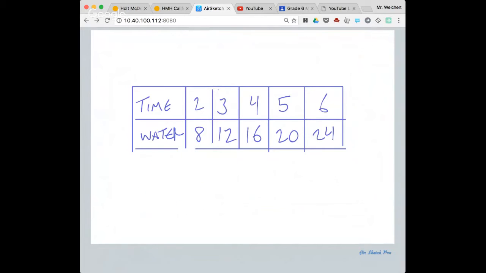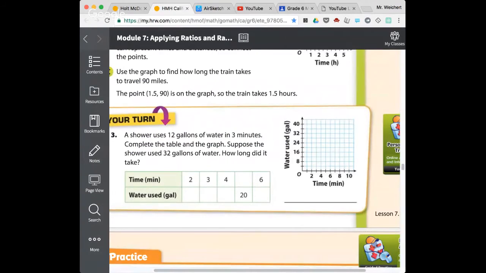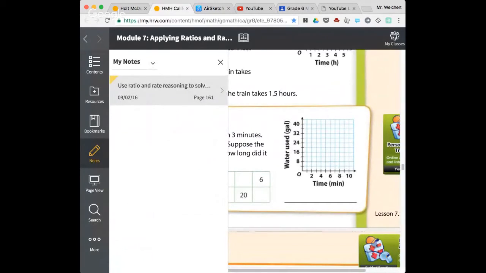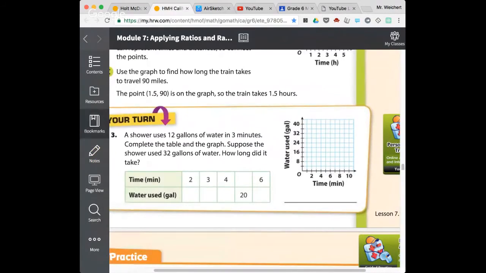So now we're going to take a look at the graph. I wish I could draw right on here. Oh, can I? I don't think so. Darn. Okay, so let's fill in this graph. We have water used in gallons and time.